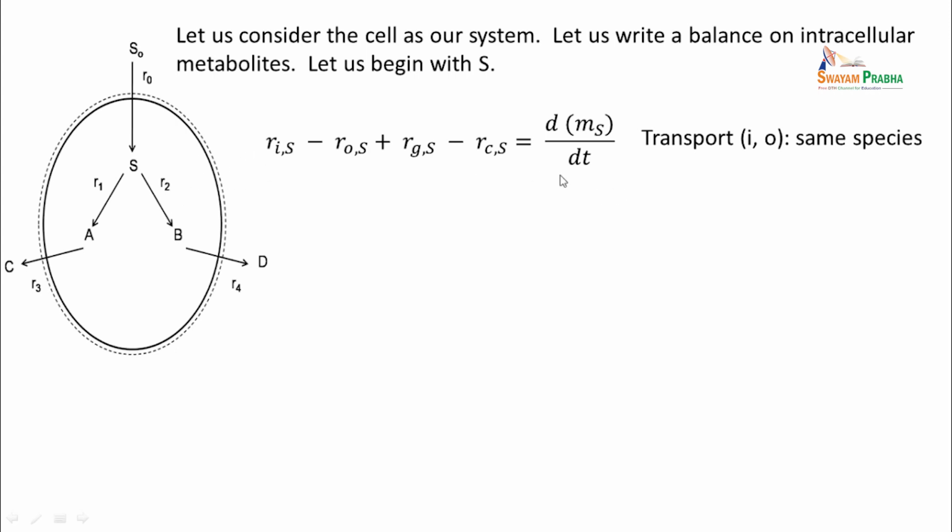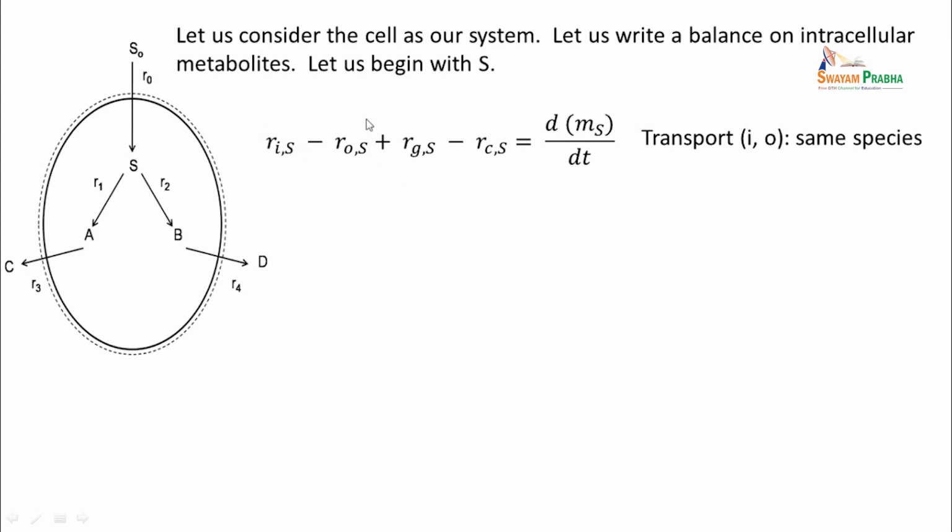Here, if S0 has come in as S, then we consider it as transport across the system boundary. These two terms, input and output, have relevance, as you know, only when there is transport across the boundary of the system. So if S0 has become S here, then we can consider it as the input term.